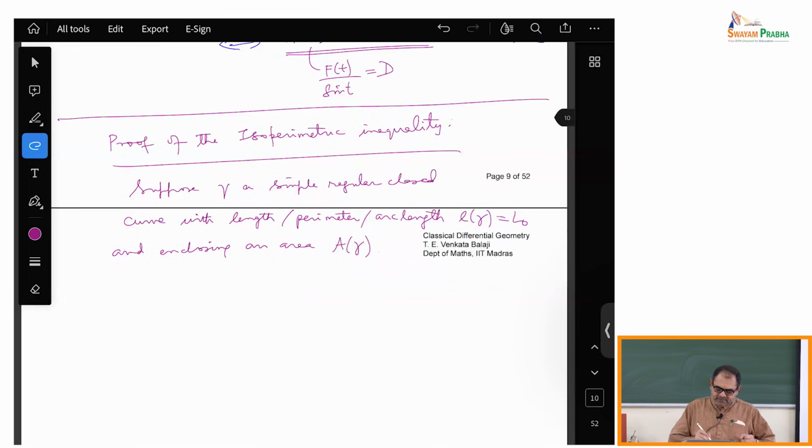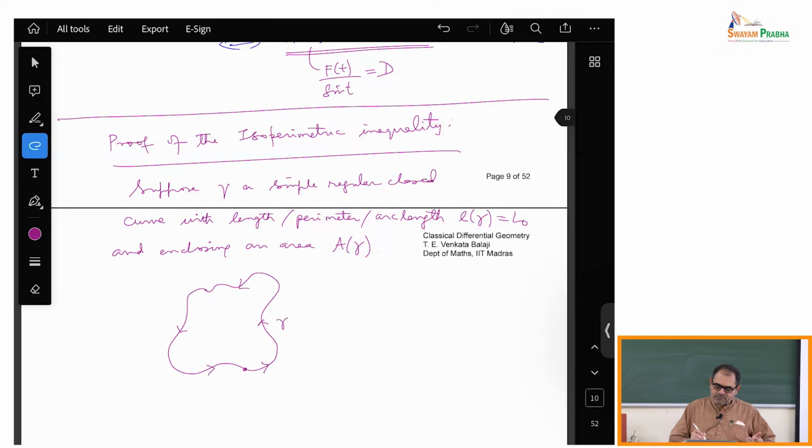Okay, so the picture is like this. So gamma is a curve like this. So I can fix a starting point and ending point, and I have this.